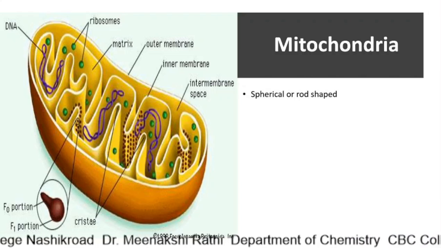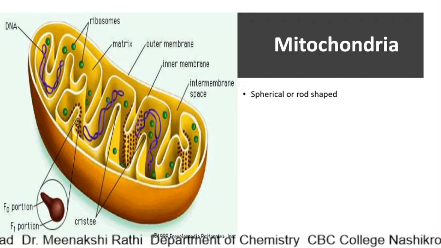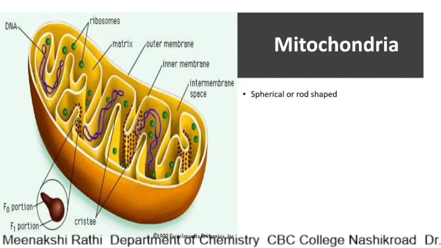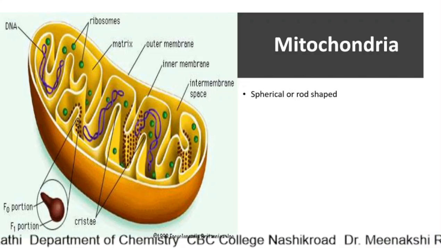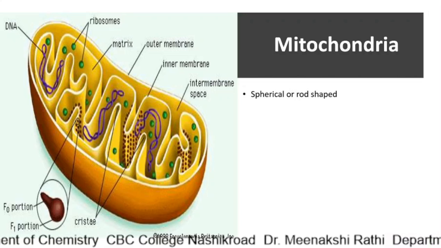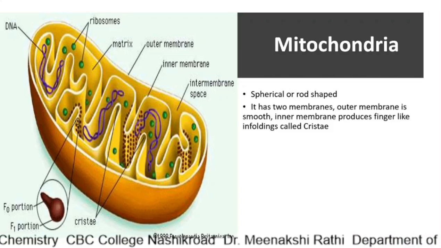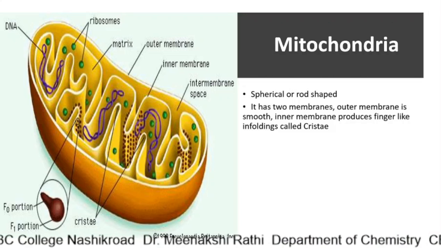Mitochondria is a rod-like or sometimes spherical cytoplasmic organelle which is the main site of cellular respiration. They are a source of energy and hence often called the powerhouse of the cell.